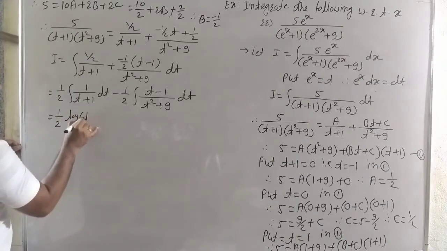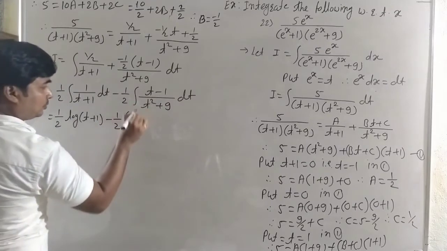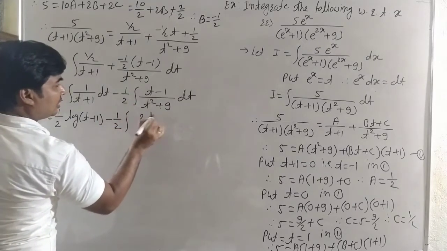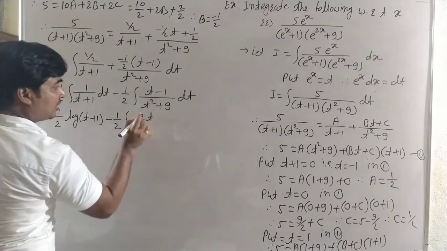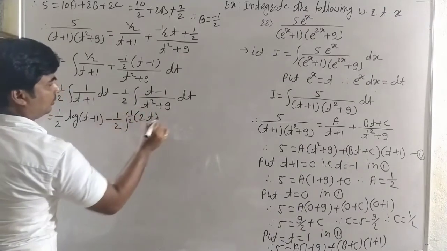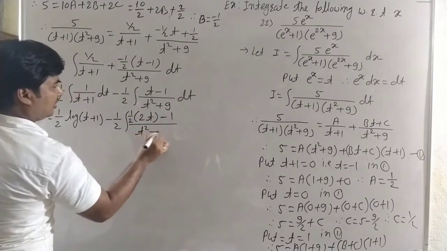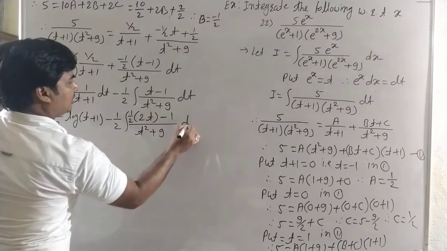Integral, it is log of t plus 1, minus 1 by 2 into, here it is 2t, the derivative of t square plus 9 is 2t, but here only t is there, therefore we can write 1 by 2, minus 1 as it is, and t square plus 9 dt.